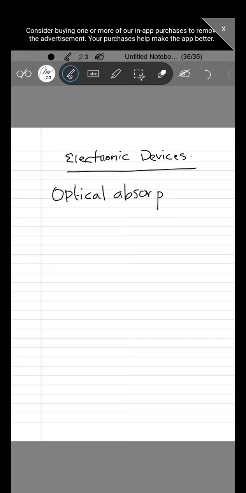So an absorption will take place if the energy of the radiation is more than the band gap.